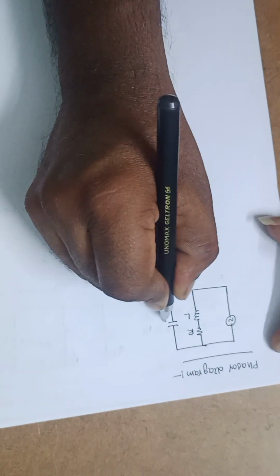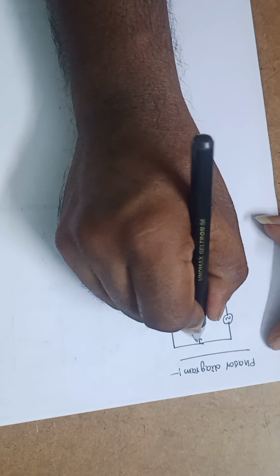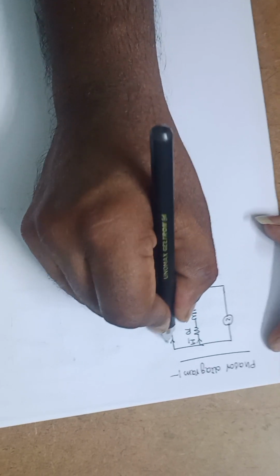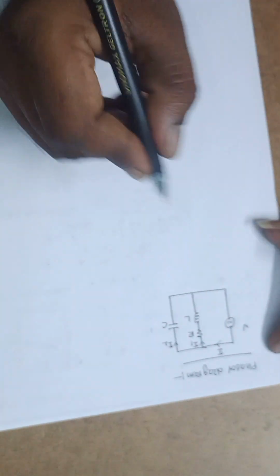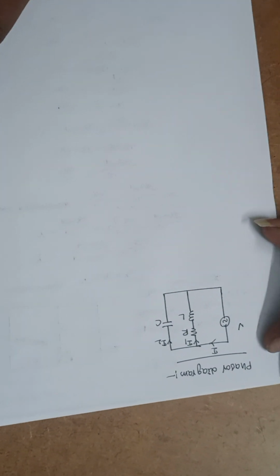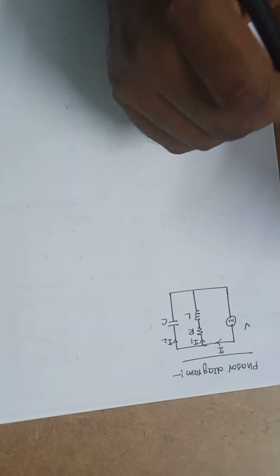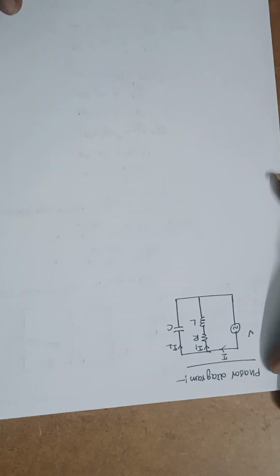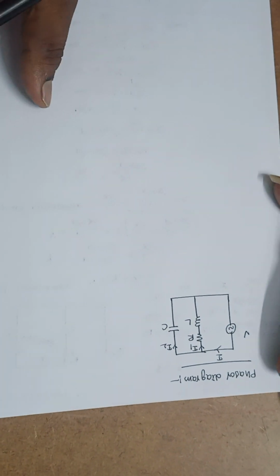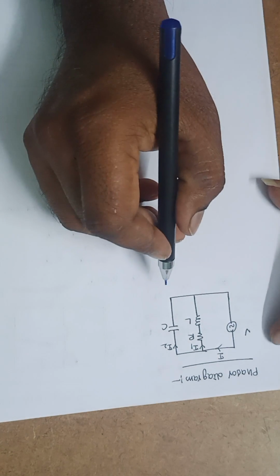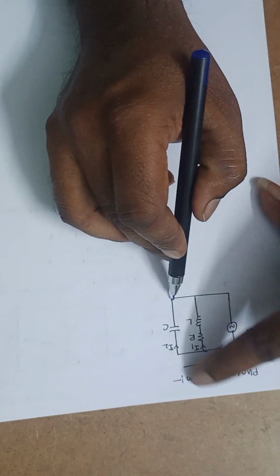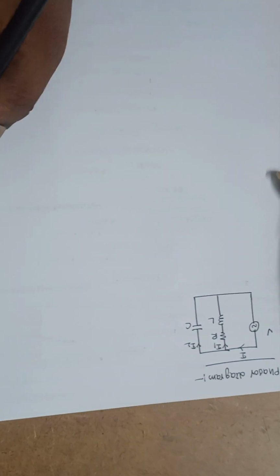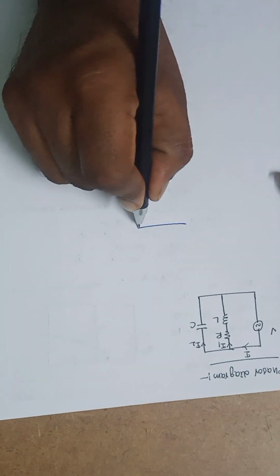R, L, C. Let us consider this I1, this I2, this is I, this V. Now, while we are drawing this phasor diagram for this circuit, V is common for this element and for this element. So let us take this V as a reference here. It is V.